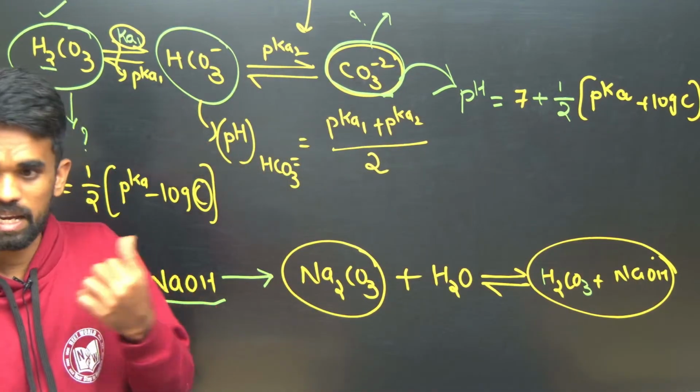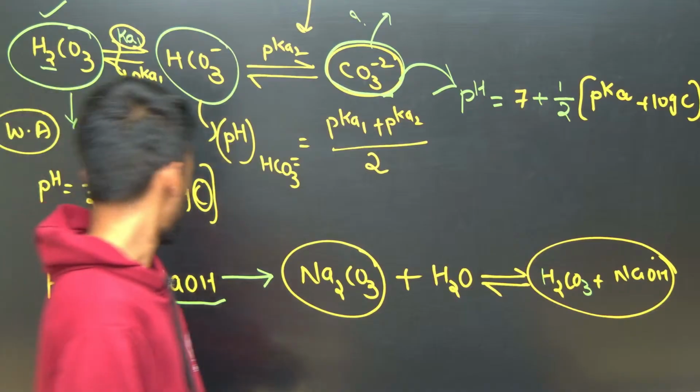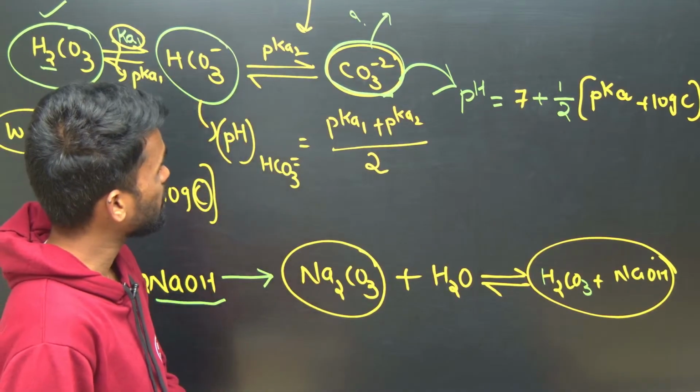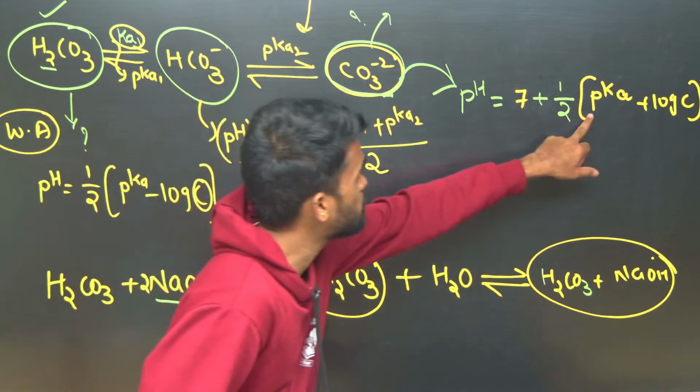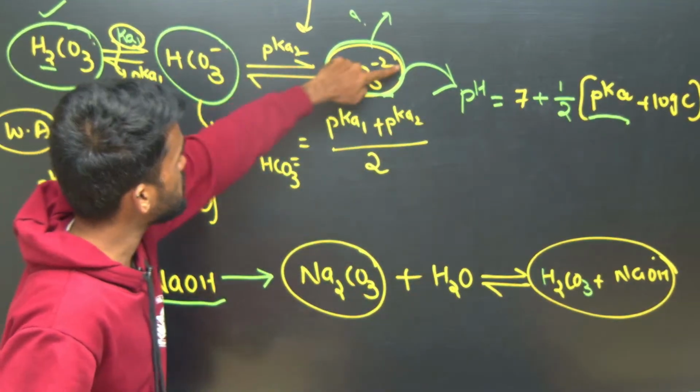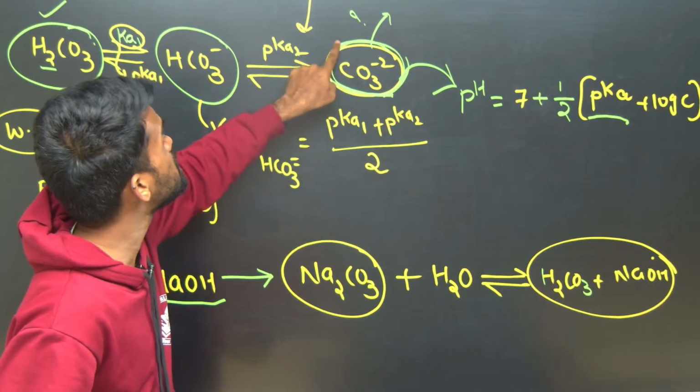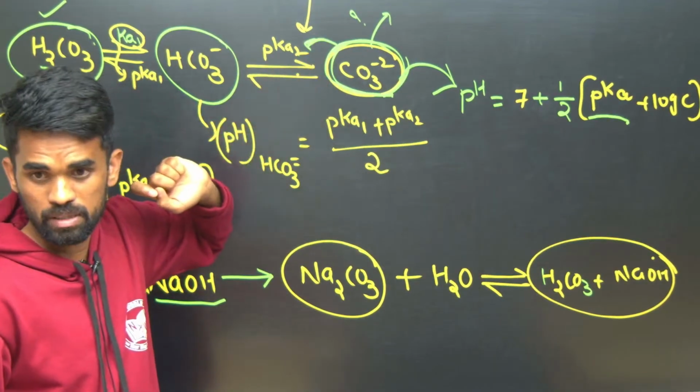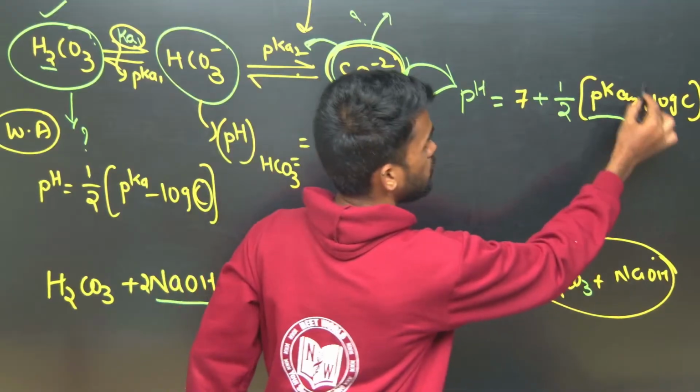Is this clear or not? You might be getting a doubt: sir, which pKa value should I use here? We have 2 pKa values. This ion is before the one pKa, so you should use pKa2 here.